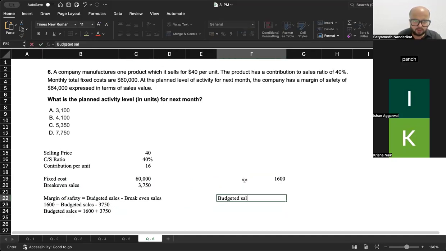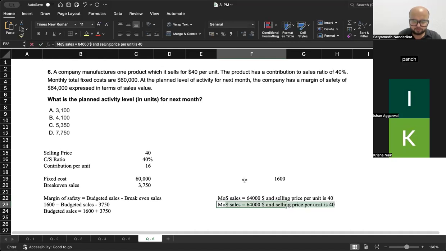By the way, your margin of safety sales was $64,000 and the selling price per unit is 40. So margin of safety sales in units is what? 64,000 upon 40.